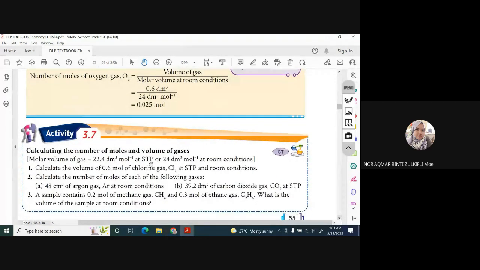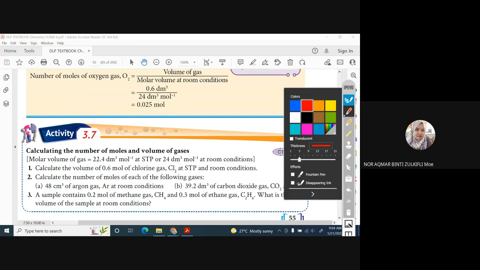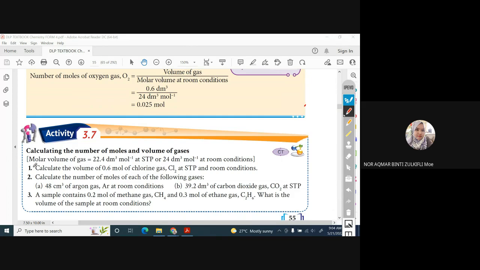Ini cuba latihan exercise. Okay, ini kita discuss semua jawapan esok lah. Number 1, number 2A, okay, number 3.